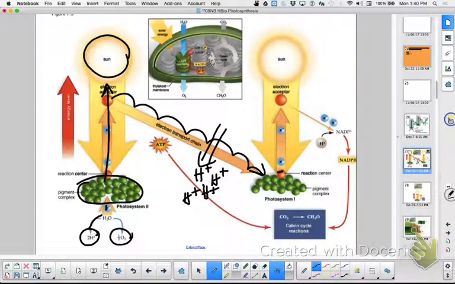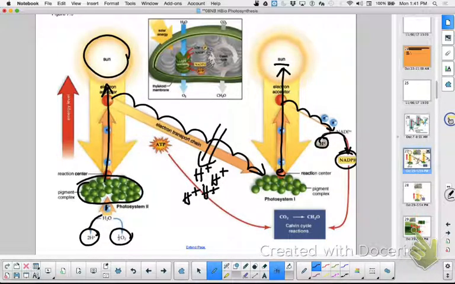Okay, you're going to use those same electrons again, excite them a second time by the sun. This time we're going to let them cool down just a little bit, not lose all their energy, and we're going to give those electrons and some hydrogens to NADP, forming reduced NADP.